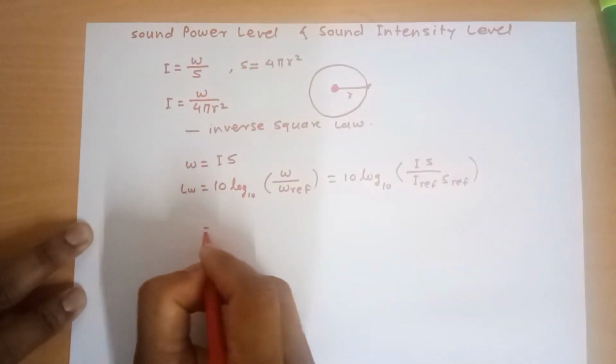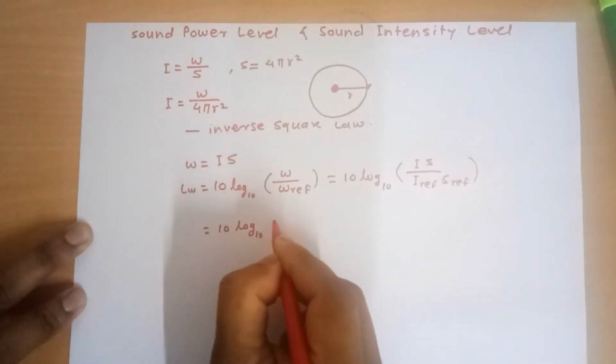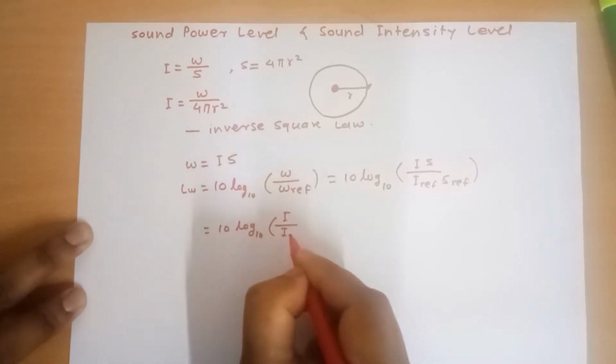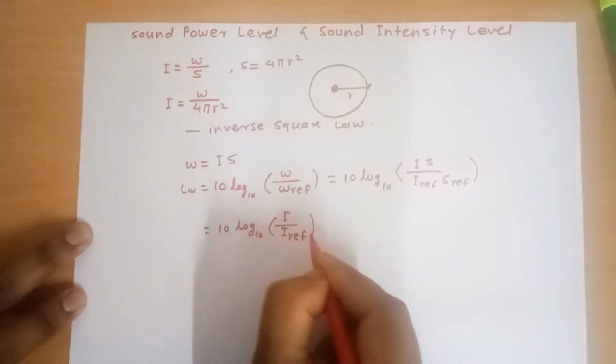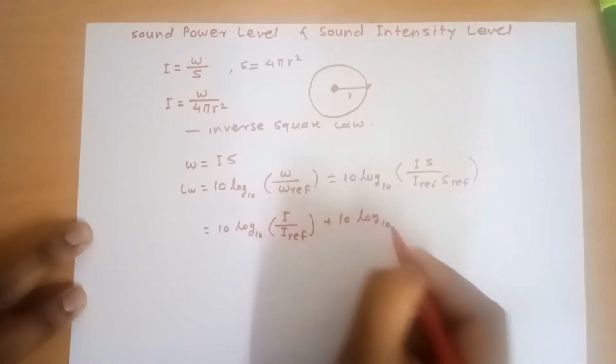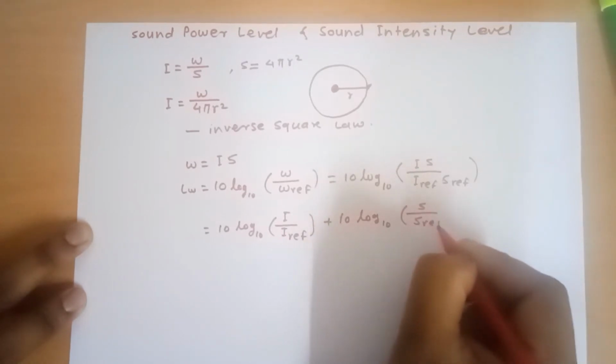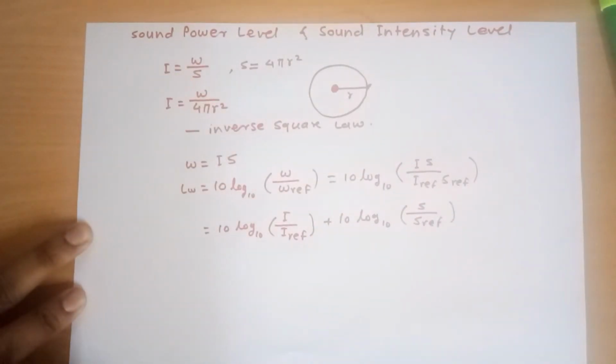So we can have 10 log to the base 10 of I, that is intensity of sound, to reference intensity of sound, plus 10 log to the base 10 of S, that is area, to the reference area.